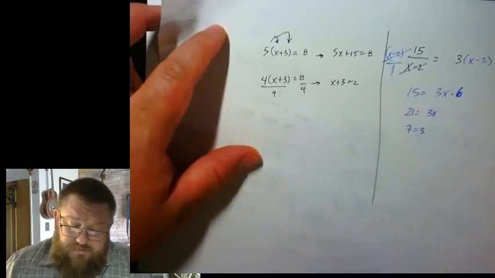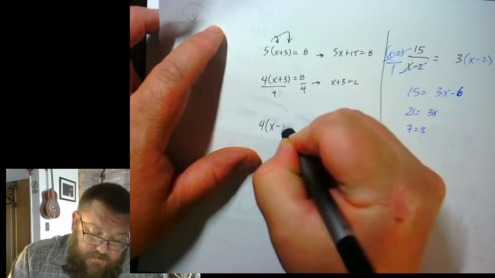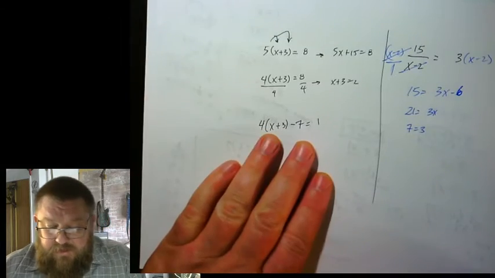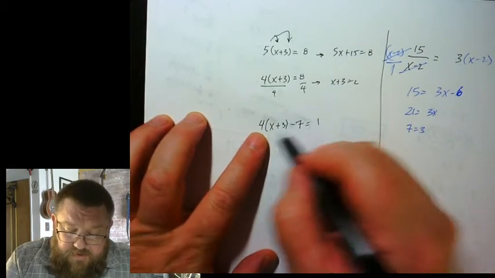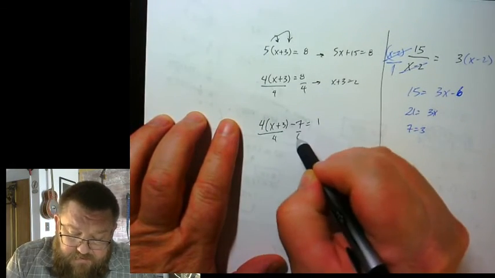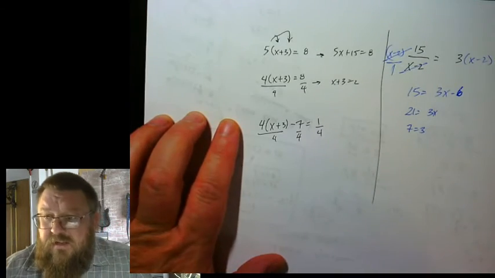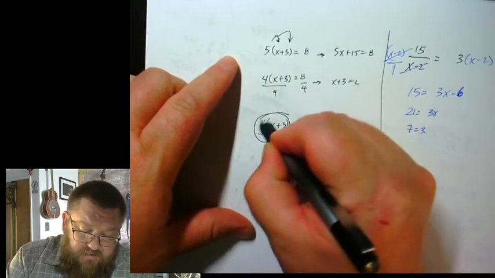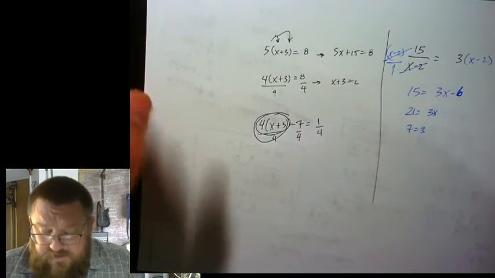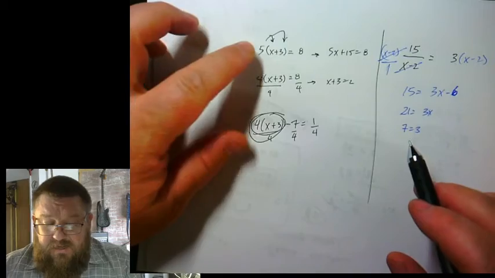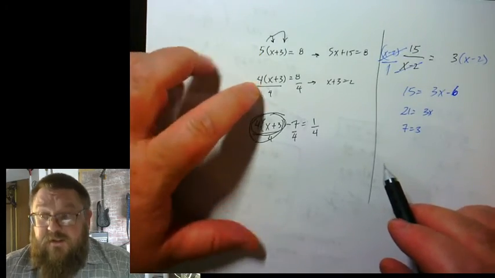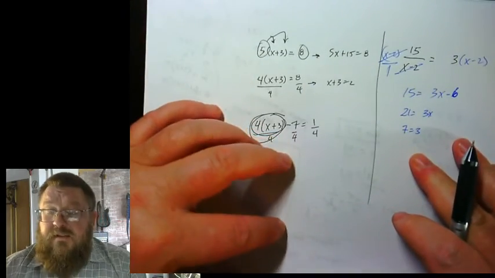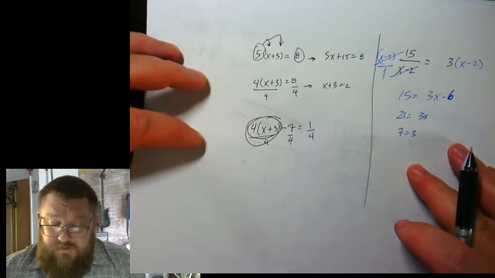Remember, if it was like this, and you divided by 4, you'd have to divide everything on both sides by 4. So don't do that right away. Make sure you get this thing isolated using inverse operations first, okay? So, big idea: either you can distribute or you can divide. It depends on if that coefficient divides evenly into the other side or not. You can get the right answer either way, but one way is easier than the other.